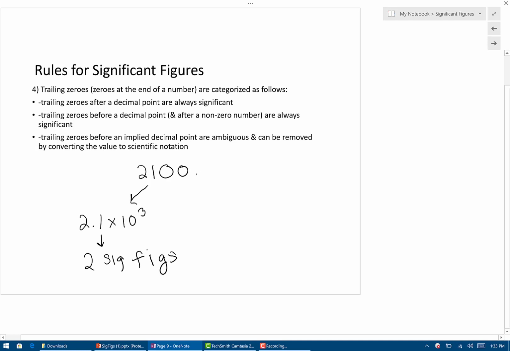Okay. Or let's say we use a really precise instrument to measure this, and we know it's actually 2,100 and whatever our units may be. And so when we convert it to scientific notation, we leave those zeros in there. In this case, then, these are 4 sig figs.